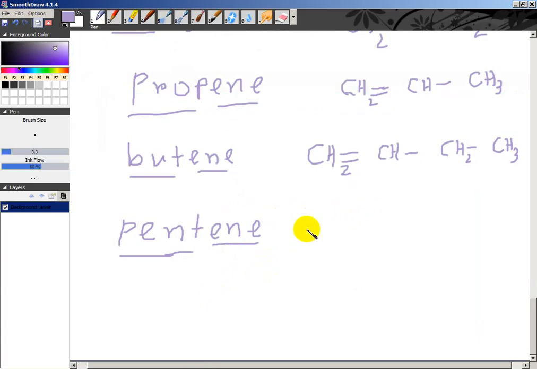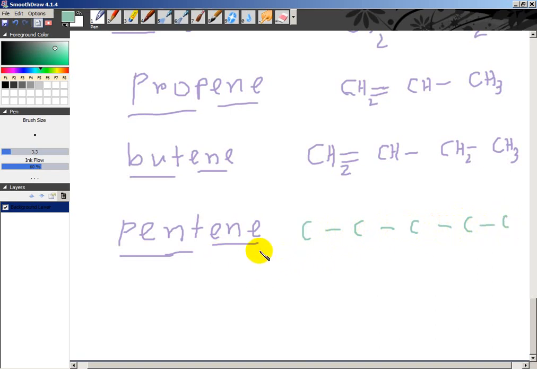So five carbons will be here. At first I give these five carbons. Okay, I have given five carbons here.